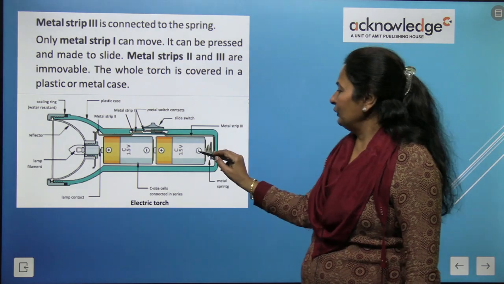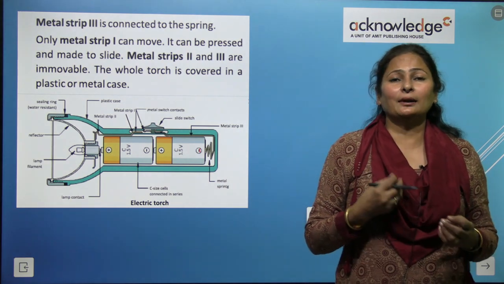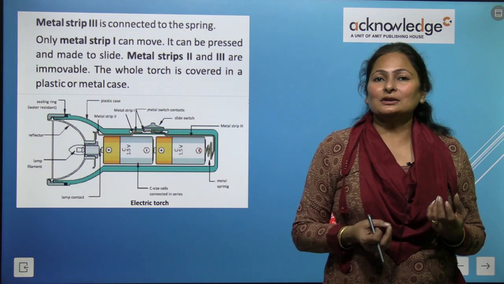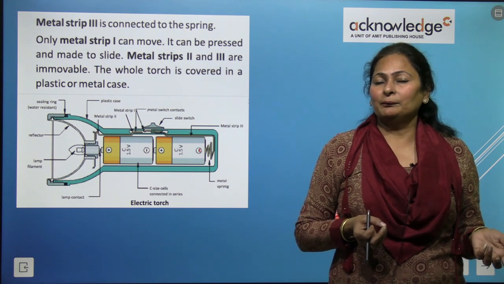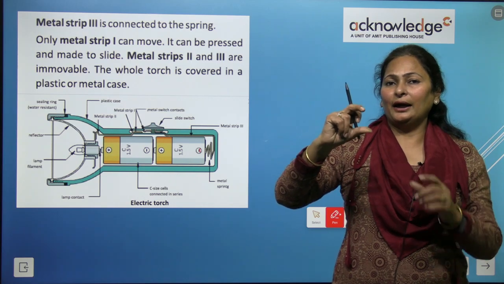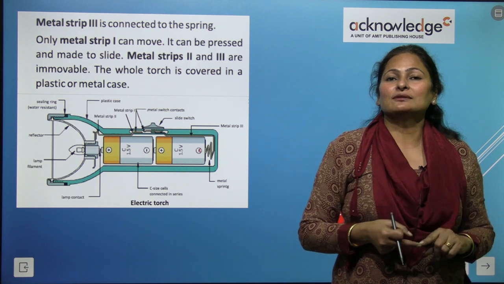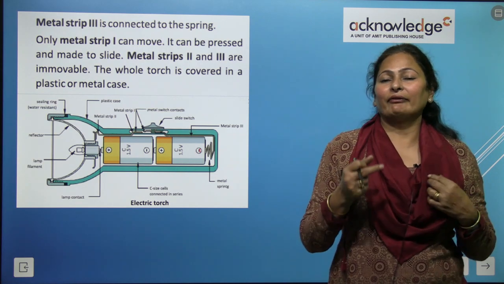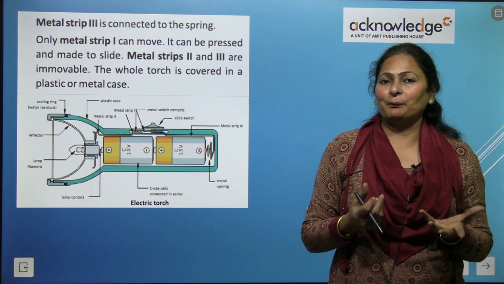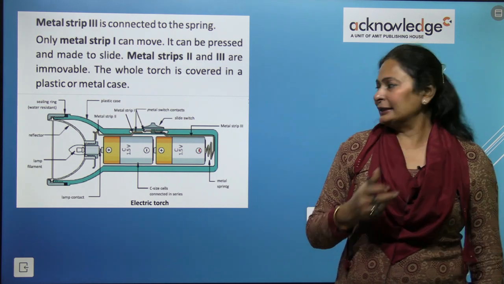You can see the negative mark also, and without seeing the marks on the cell, you can also identify the positive terminal and the negative terminal. How? Just hold the cell in your hand and you will see the metal cap. The metal cap is always the positive terminal, and the bottom plate, which is made of metal, is the negative terminal.